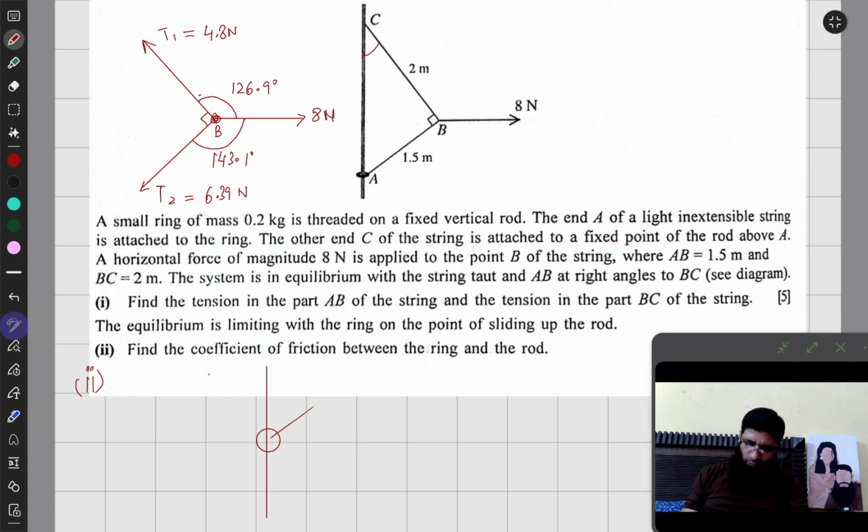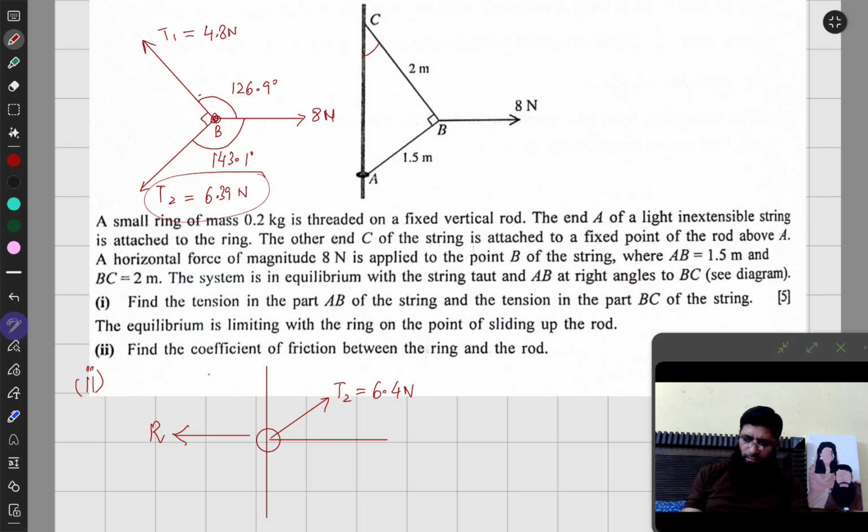Now look at this force T2. You have just calculated it is 6.39 newtons, almost 6.4 newtons. Plus, you can see that the ring will move vertically, upward or downward. So the direction of R will be perpendicular. You can find this angle from here.